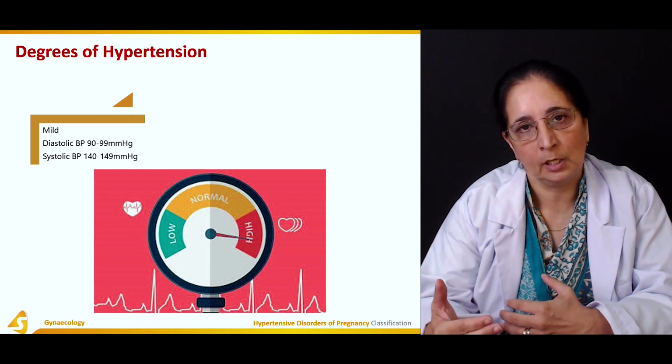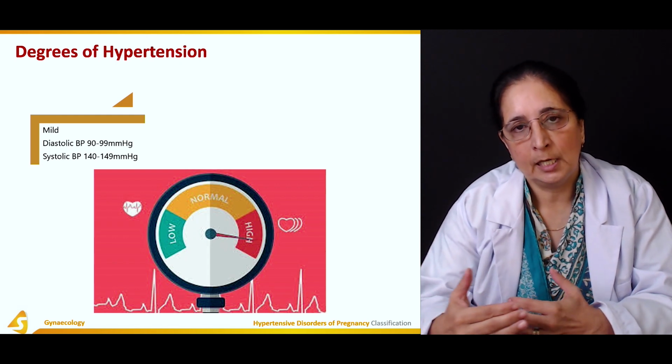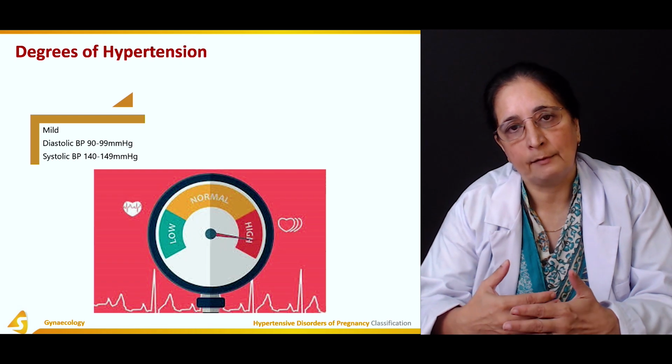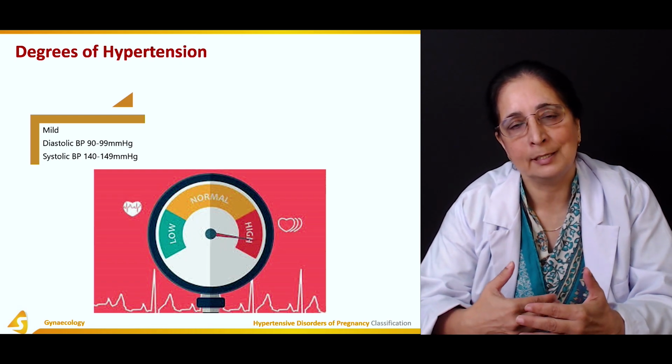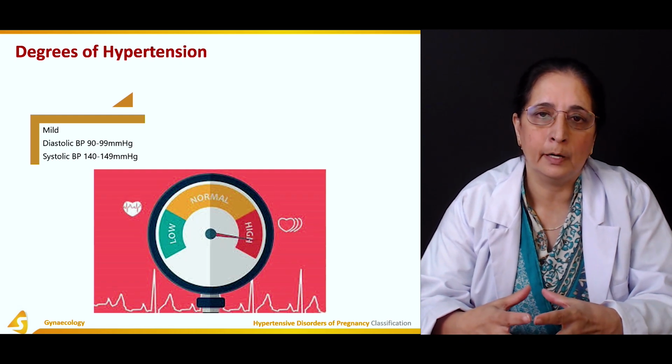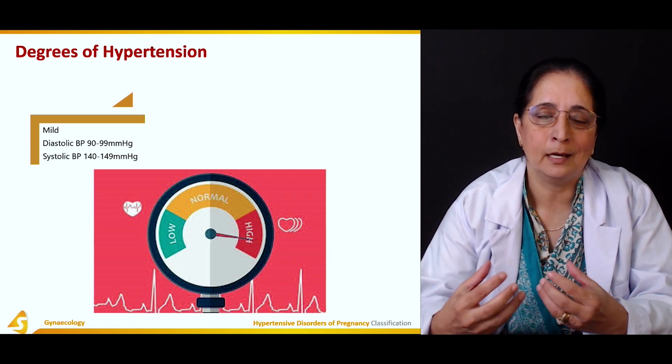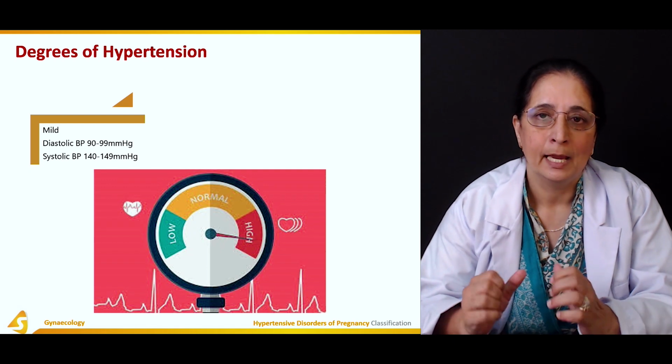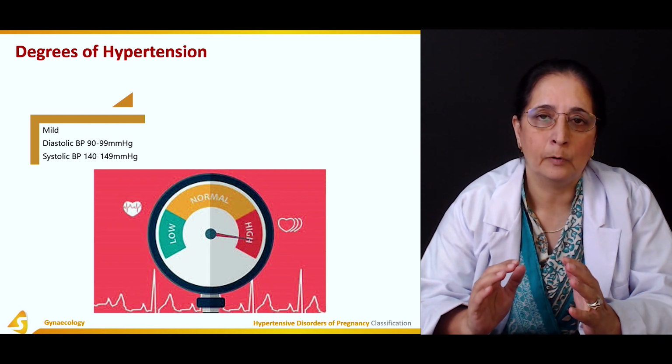We have systolic blood pressure, which is the upper reading, and diastolic blood pressure, the lower reading. Systolic is when the heart is contracting and pushing the blood into the body.